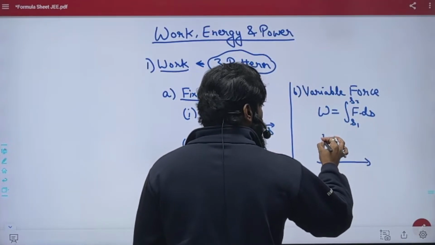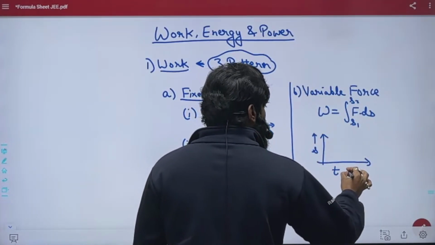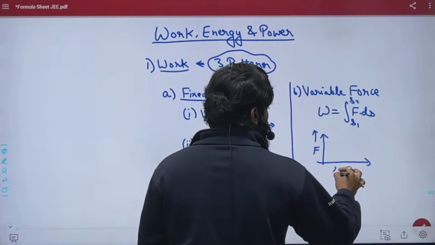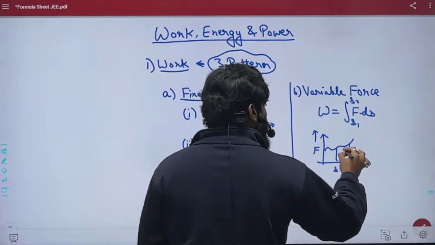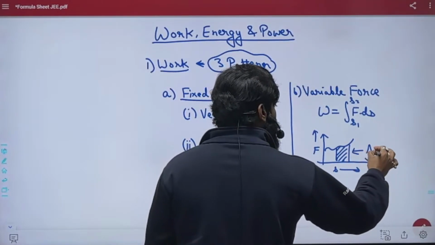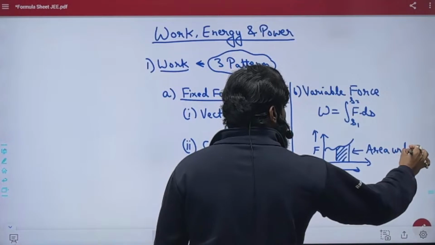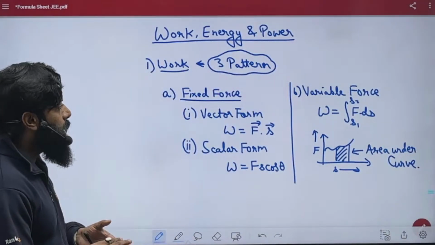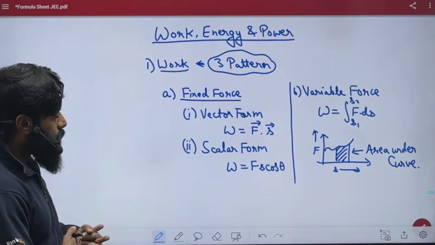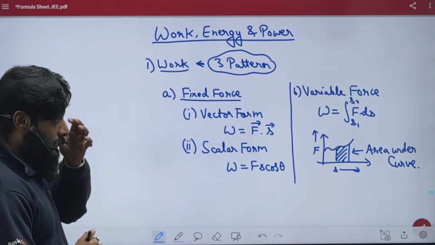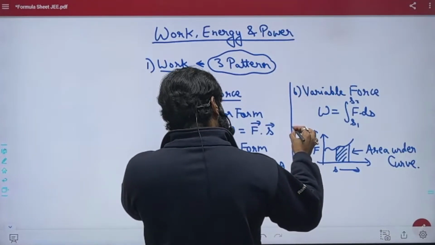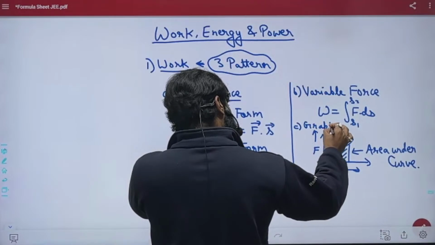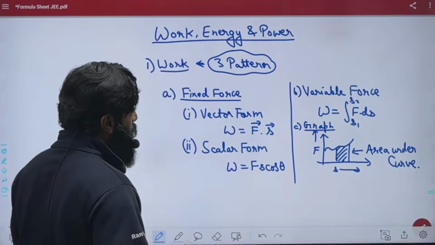Also, you will have force and displacement, so you have to find out the area under the curve of the force displacement graph. The area under the curve of the force displacement graph will give you the work, right? Another thing is this graph. The pattern is graph. So these are three patterns which you must know.